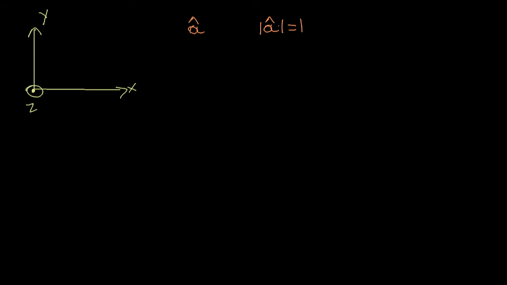Now, the reason why we use unit vectors is the following. Vectors have two properties: the direction, so they point towards some direction, and they also have a magnitude.